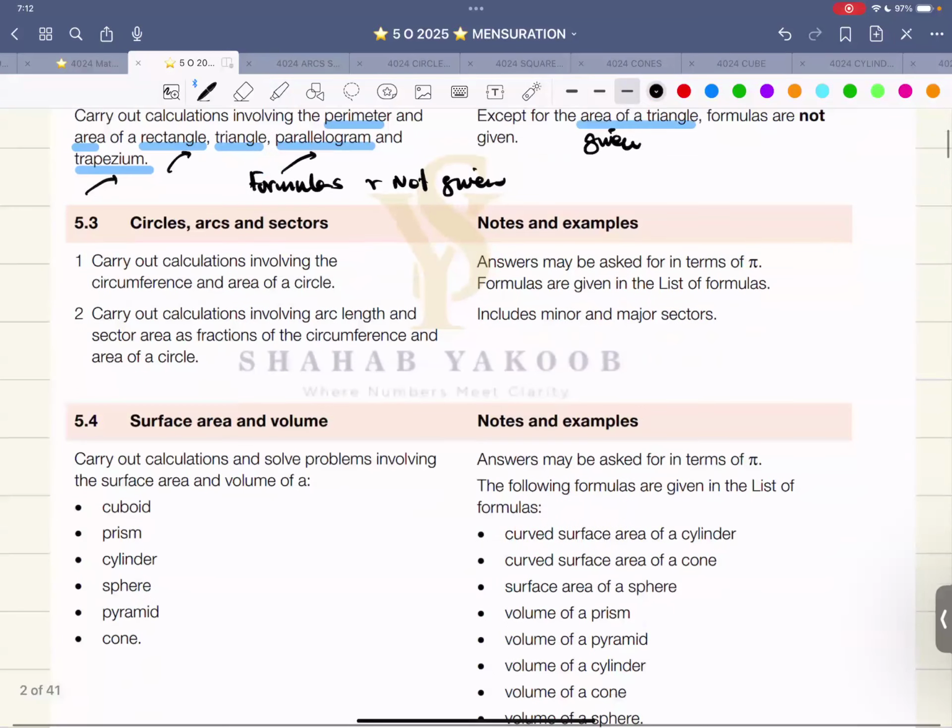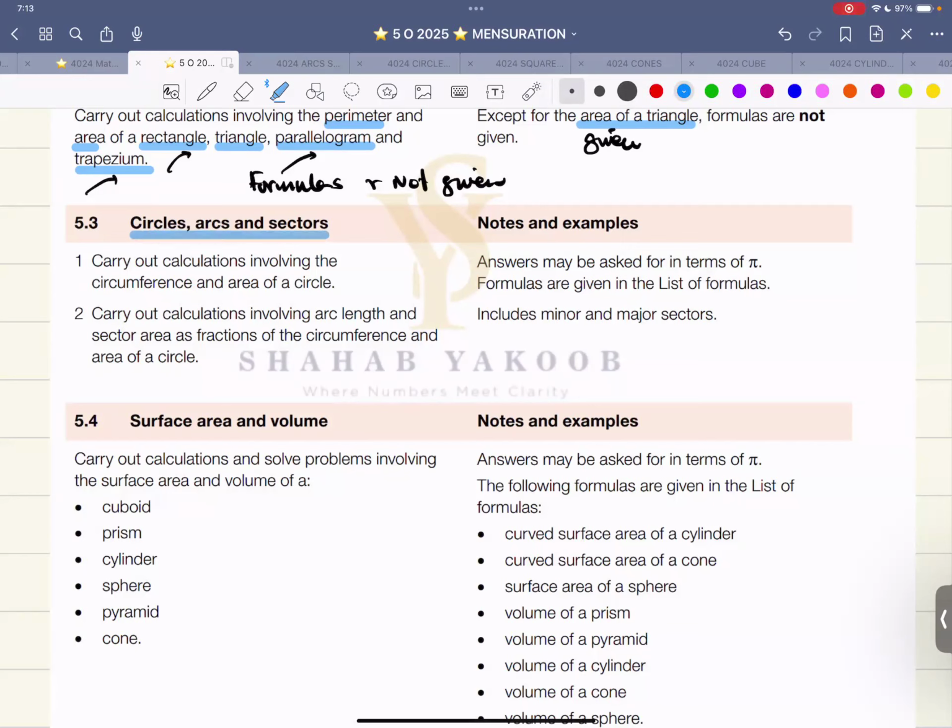What else is there? We talk about circles, arc, and sector. And naturally for perimeter, that's also not given. So formulas are not given for these, whether it's about perimeter or area.